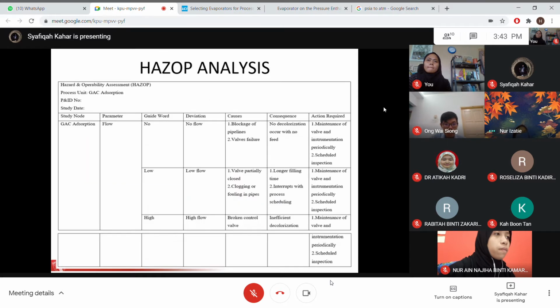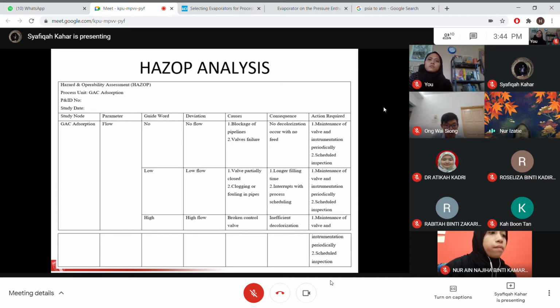Next, this is the hazard analysis for the GAC adsorption. The parameter used is flow. For no flow, the causes are blockage of pipelines and valve failure. The consequence is no decolorization occurs with no feed.